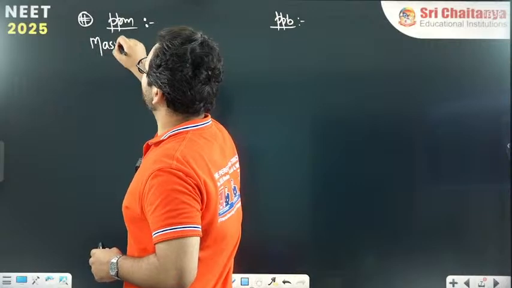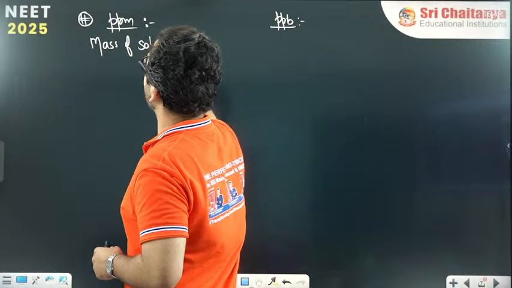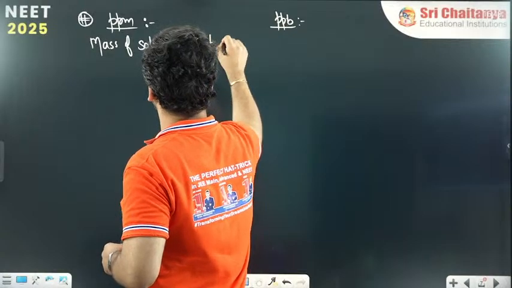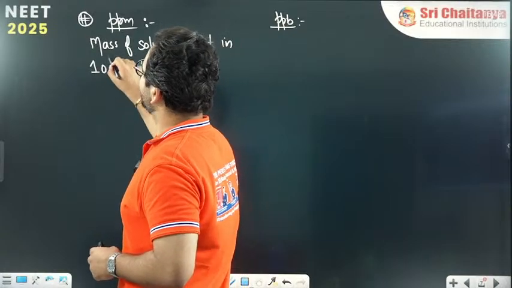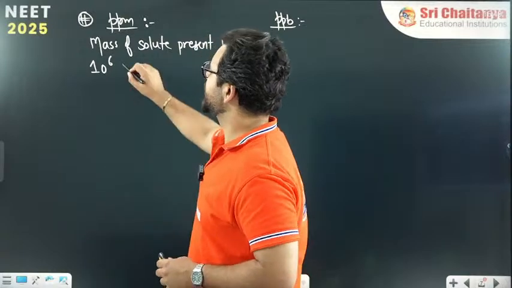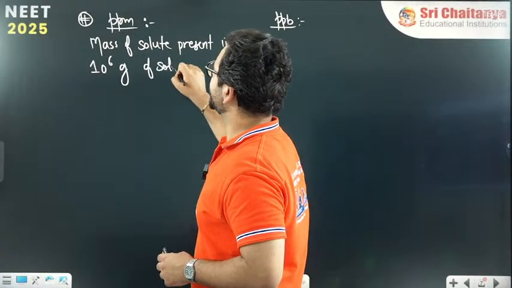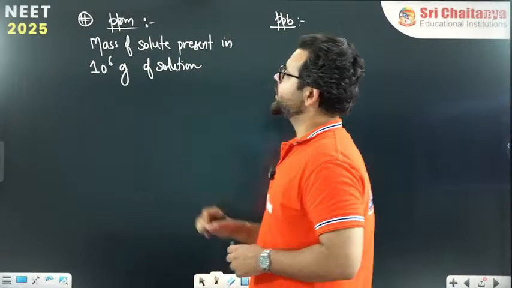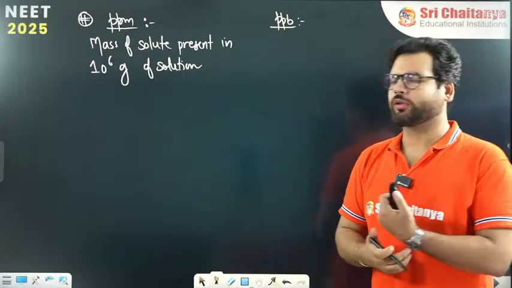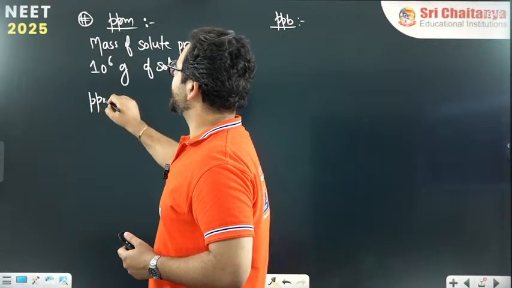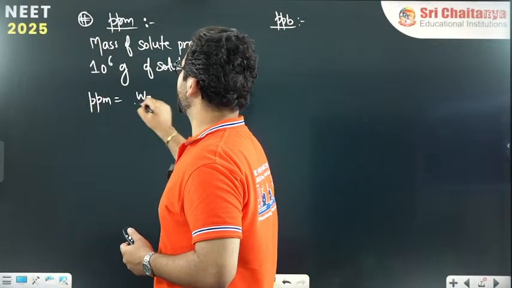So it is the mass of solute present in 10 to the power 6 grams of solution. This is ppm. When you want to find the value of ppm, it will be W2 by W.